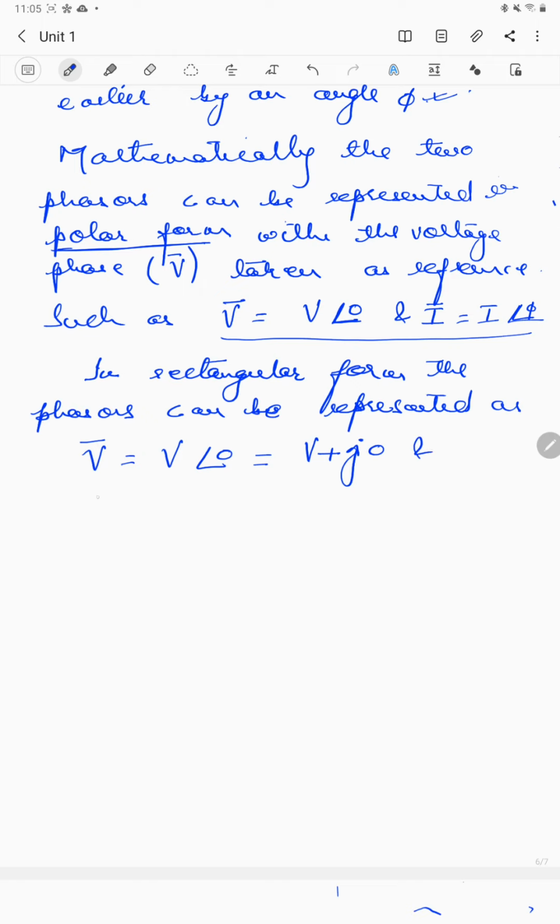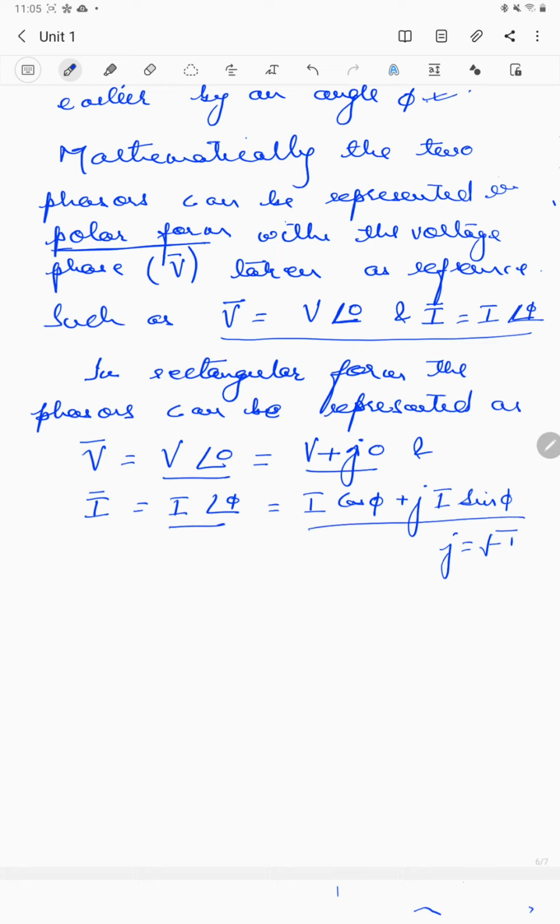And this current, in polar form it was I angle phi, this will become I cos phi plus J I sin phi, where J equals what you have studied earlier, J equals square root of minus 1. So this is the polar form and this is the rectangular form.